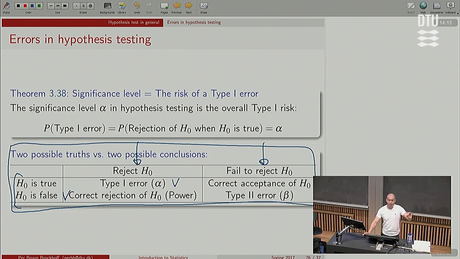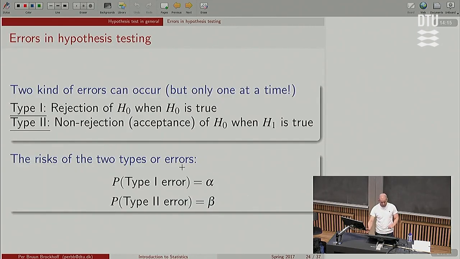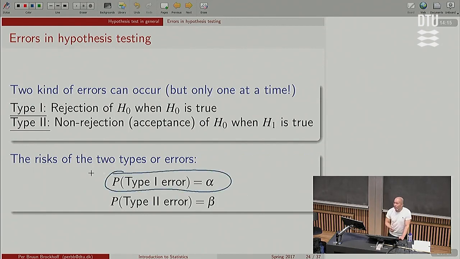So the risk of making this type of error in this procedure is 5%. We control that risk. It's called a type 1 risk, and that is controlled by the level alpha. That's where we start, to control the type 1 risk. We are not going to claim that we found a new cancer treatment if we are not pretty sure that it's okay.